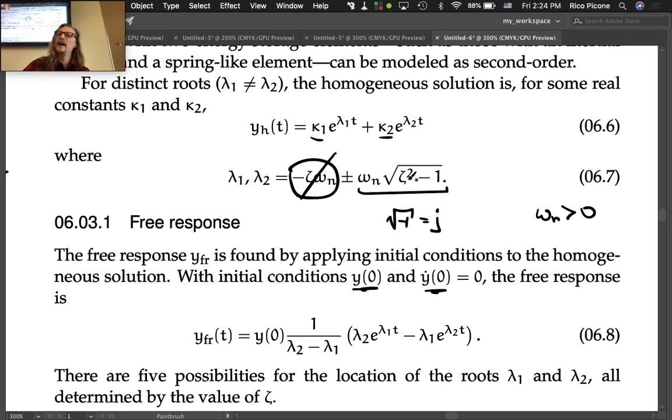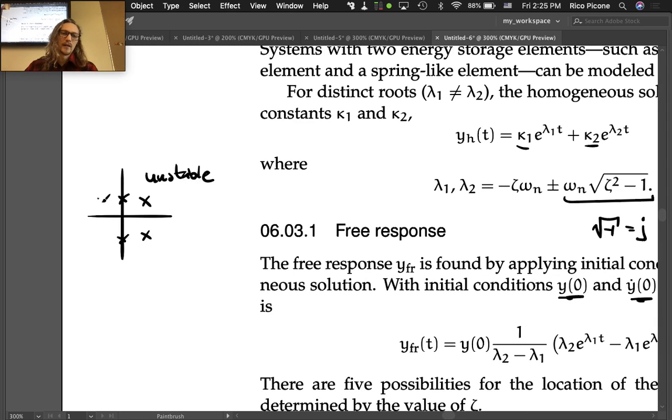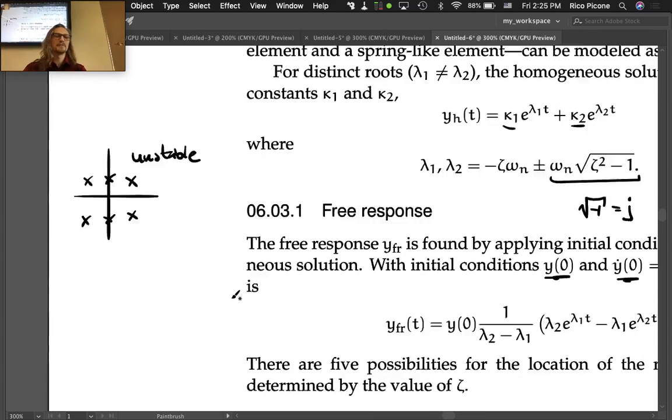When that happens, this term is going to be negative, but not -1. So there's going to be some imaginary component here. Zeta is between 0 and 1, so the real part will be negative and will be stable. So we're going to be over here in this part of the plane. And that's good. We're going to get some damping out, but we are going to have some oscillation. They'll be dancing for a while, and then okay, cool.